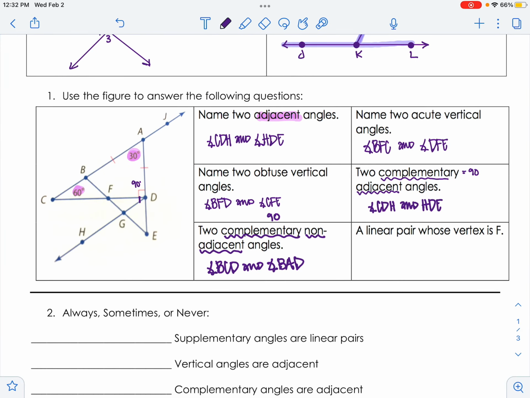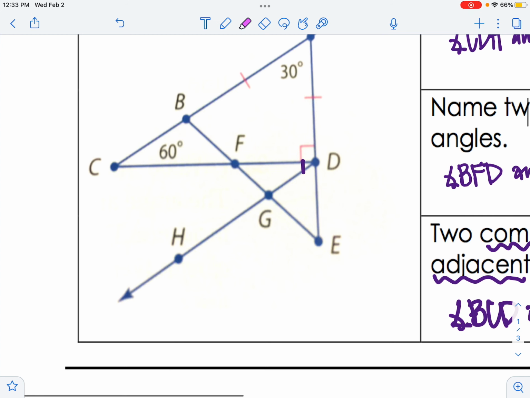Okay. Now our last pair is a linear pair, all right, whose vertex is F. So here's what I do when I'm looking for linear pairs: I actually highlight the straight angle. And then I'm going to split that straight angle into two different angles by highlighting a ray. So these two adjacent angles are going to be a linear pair.